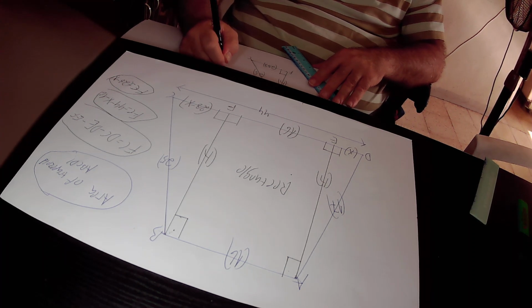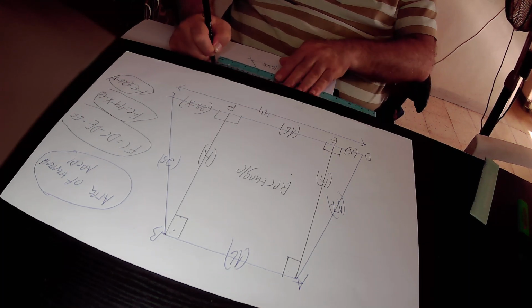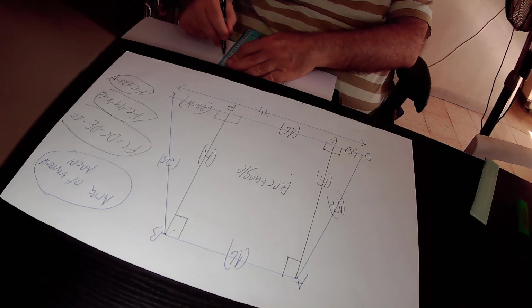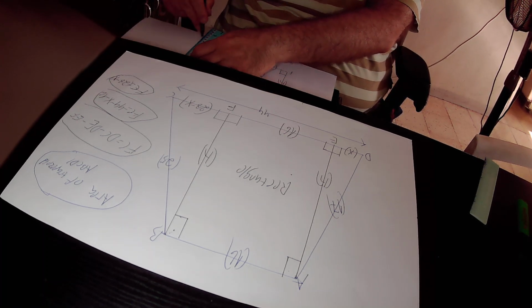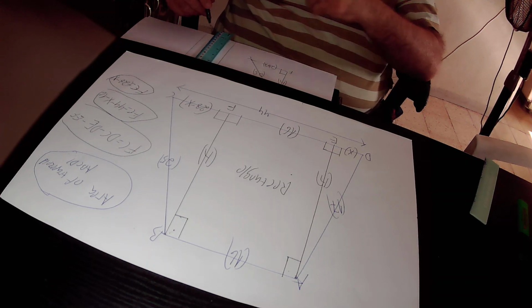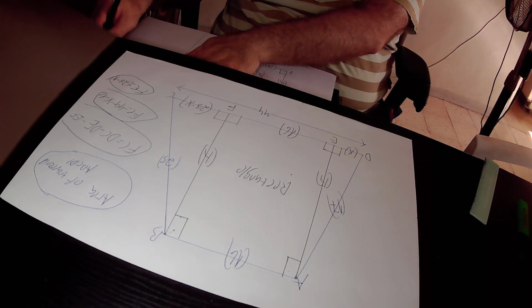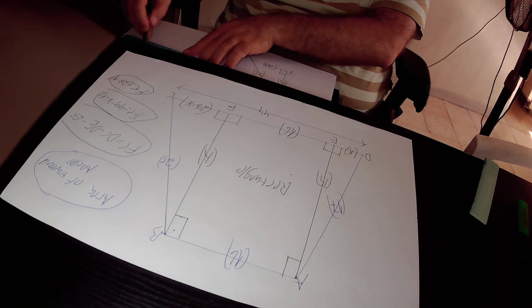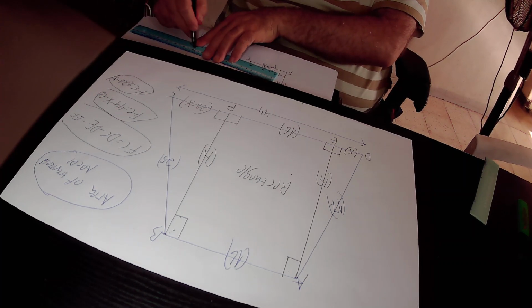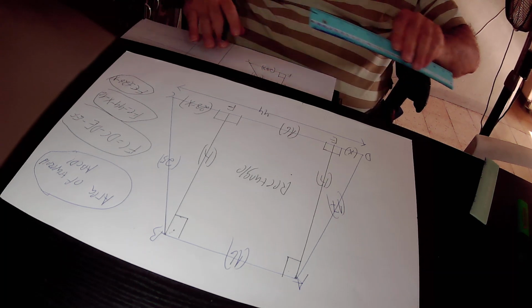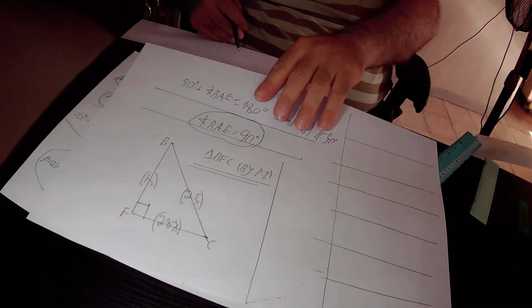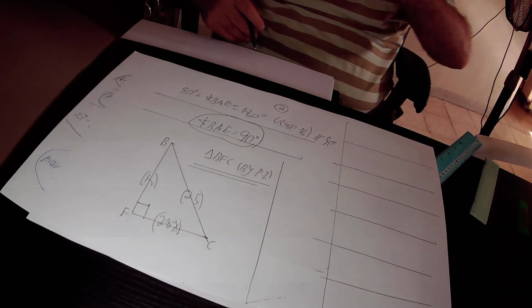Here PT is an abbreviation for Pythagoras theorem. So actually this is the right triangle BFC that I copied from the original drawing.